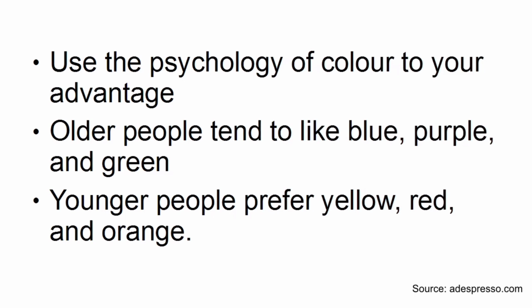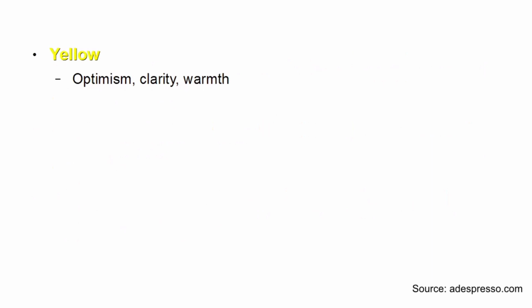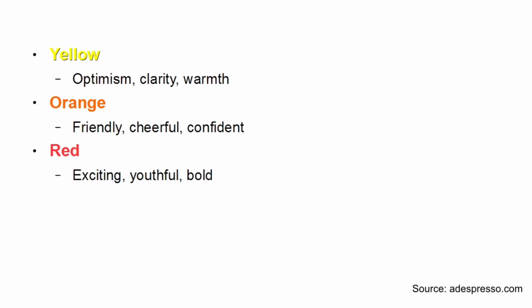In fact, you can take it a step further because different colors tend to relate to different things. For example, yellow tends to convey optimism, clarity, and warmth. Orange is considered friendly, cheerful, and confident. Red is exciting, youthful, and bold. People associate purple with things that are imaginative and creative.